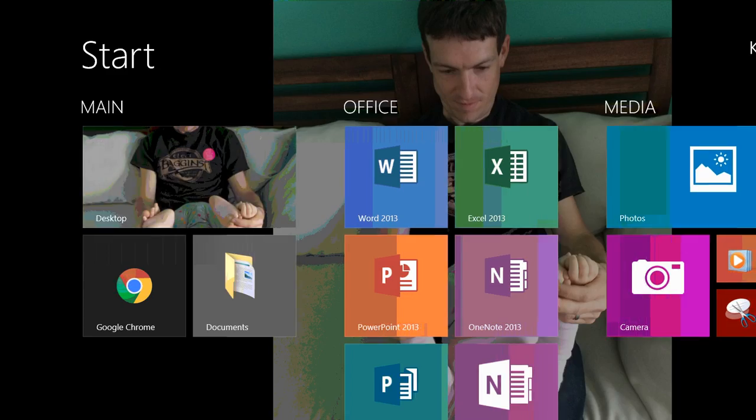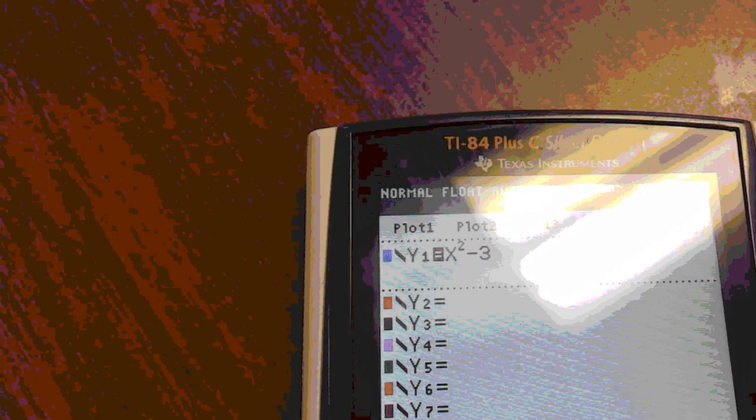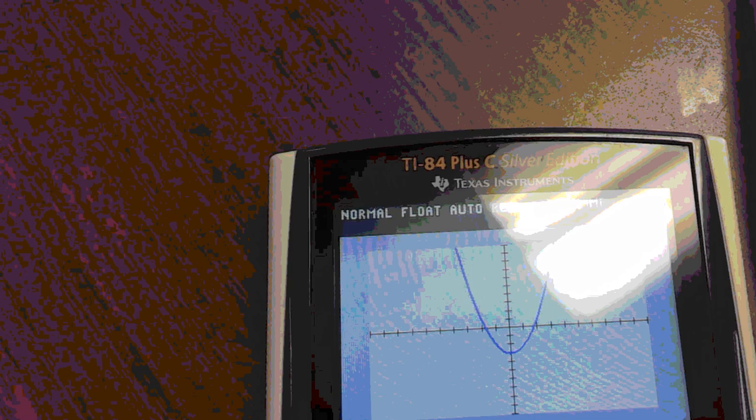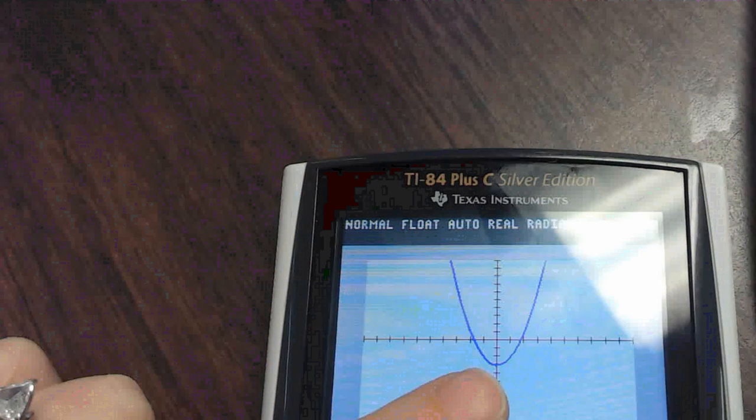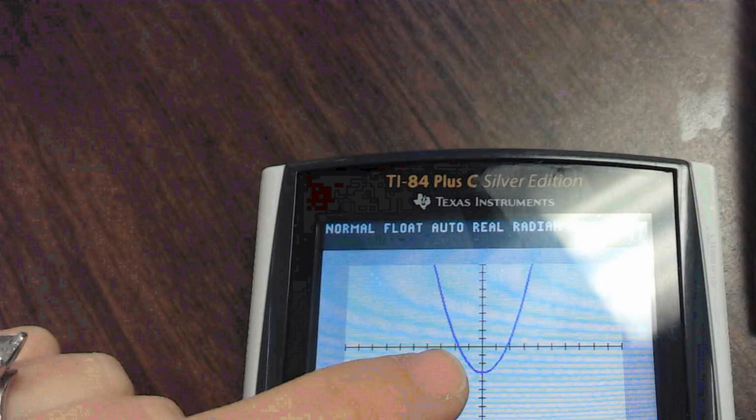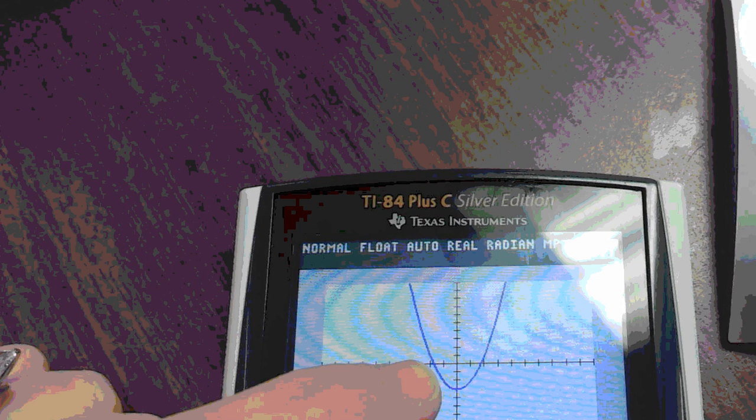I'm going to go a lot of back and forth today, and we'll see how that works. Okay, here's my calculator right here. I put in x squared minus 3, and I graphed it. I can definitely see that it's going through negative 3, and I can see that on the x-axis it's really close to 2.